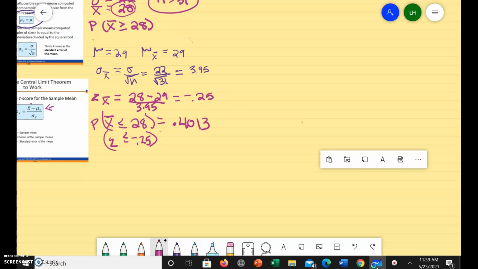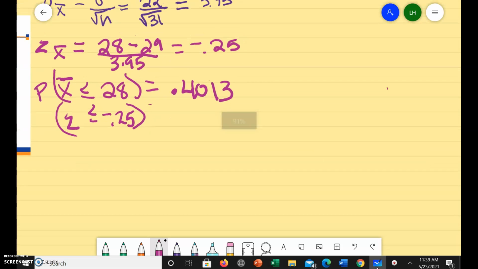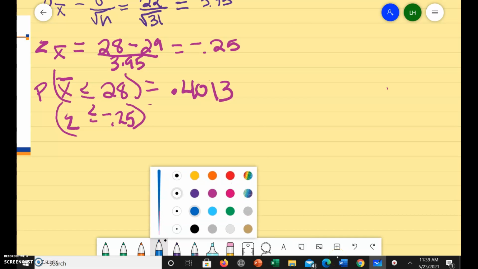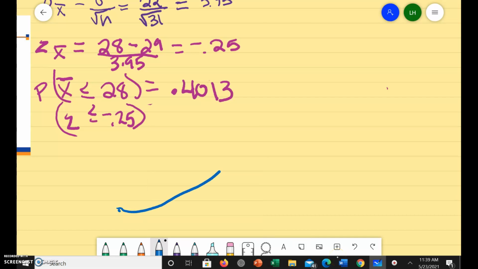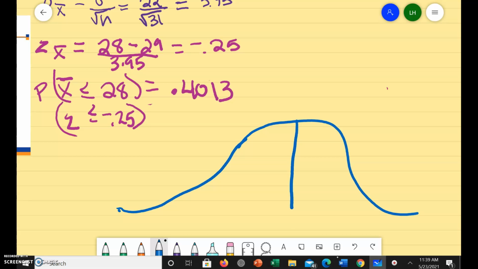Now, let's think about this, and we have talked about this before. This is a normal distribution because of the empirical rule. This is the mean, and this is the value that we're looking at, and we looked it up on the table.